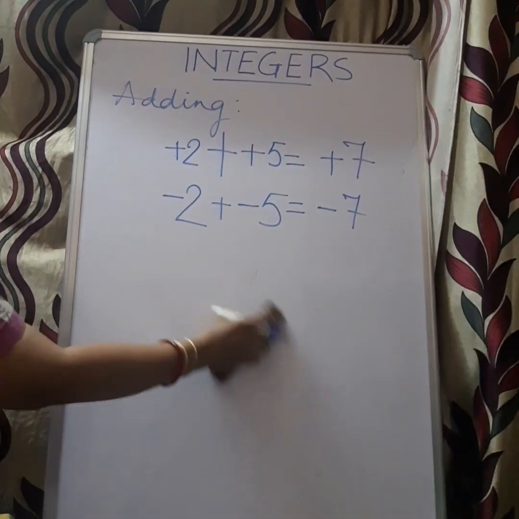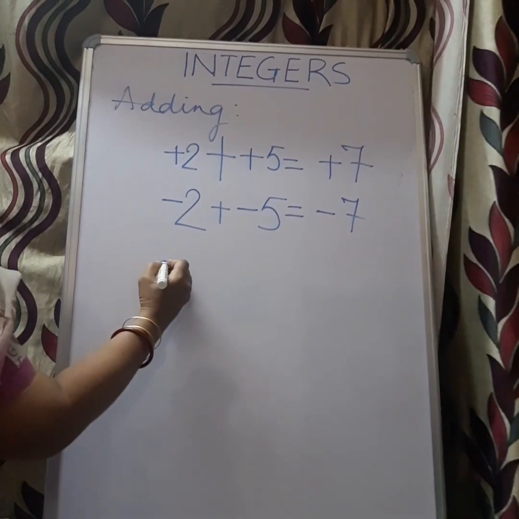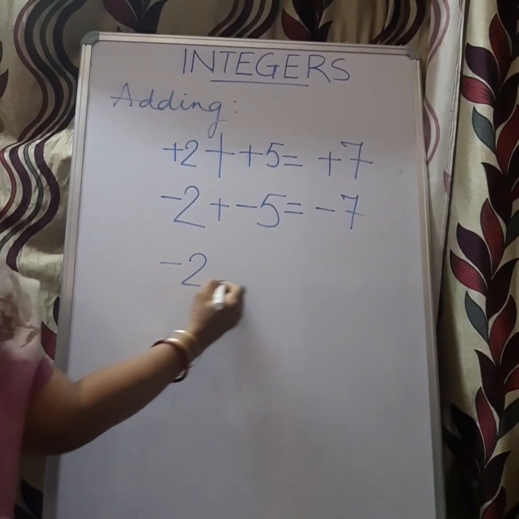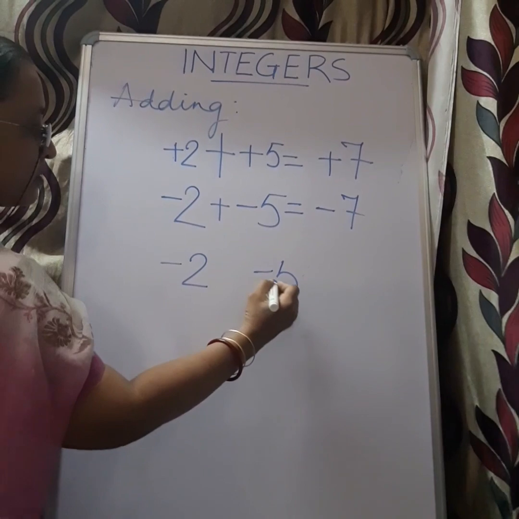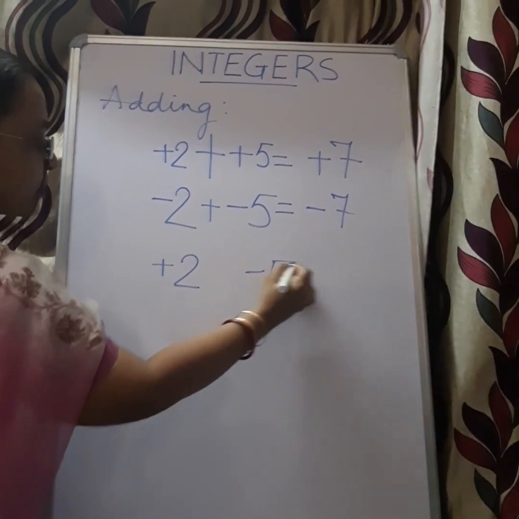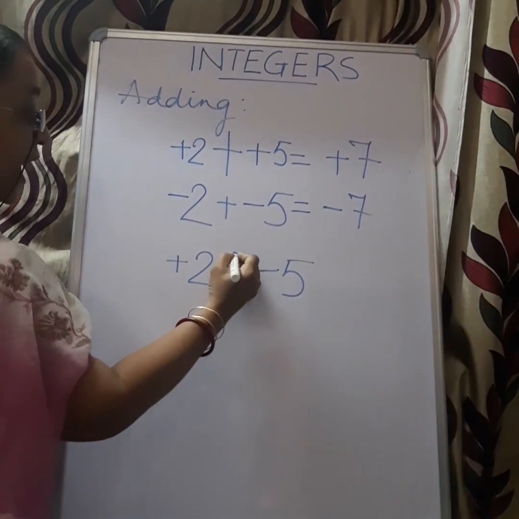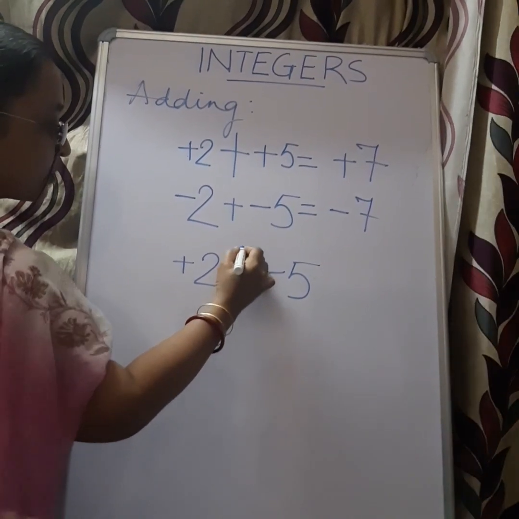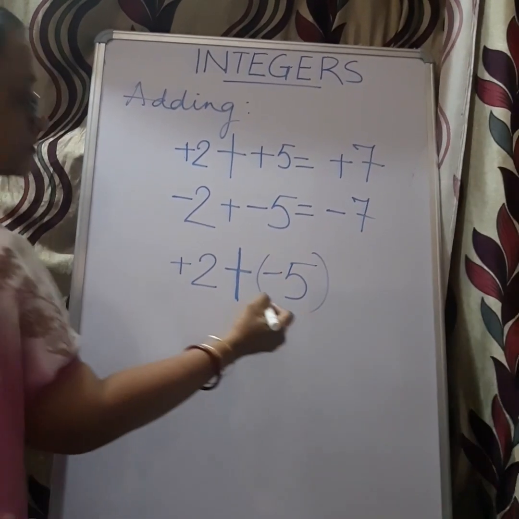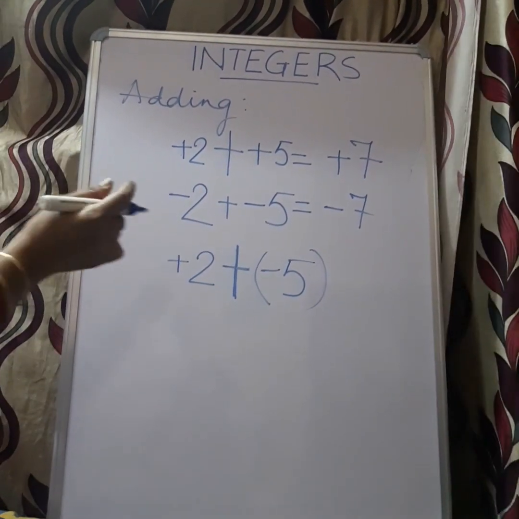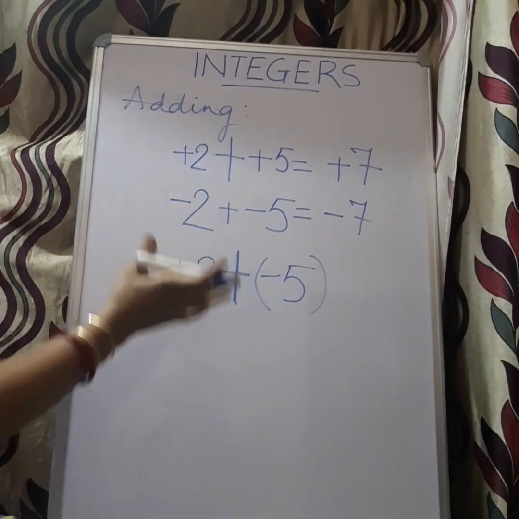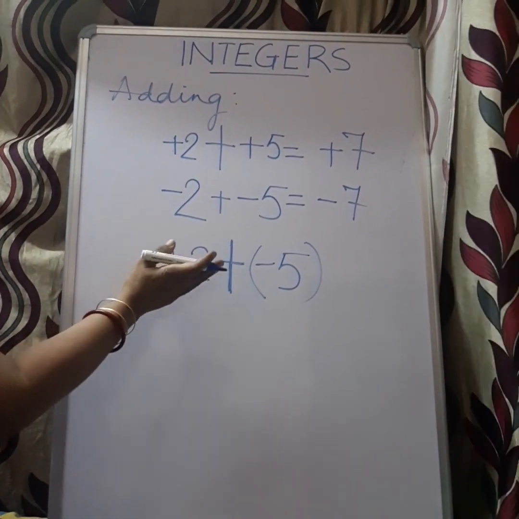When there is a positive integer and a negative integer and we have to add them, there is a plus sign. We subtract the absolute values.